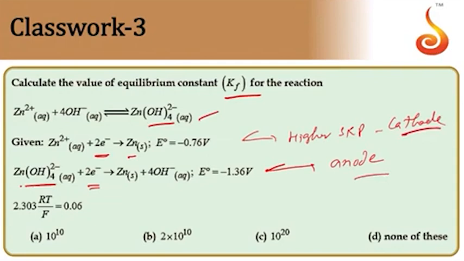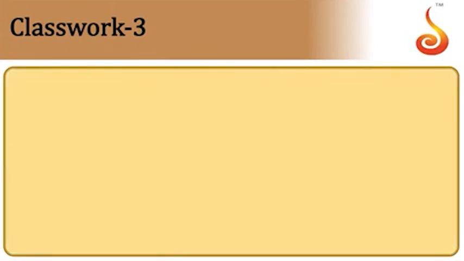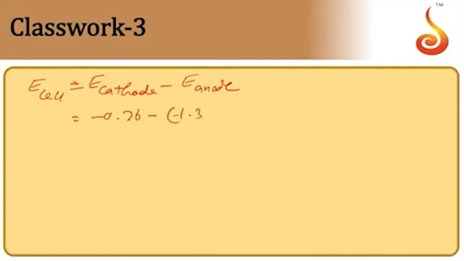So E cell is equal to E of cathode minus E of anode, which is equal to −0.76 minus (−1.36) as given to us. It comes to 0.6. So 0.6 is the E of the cell.